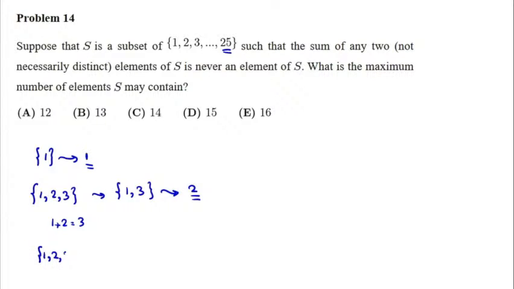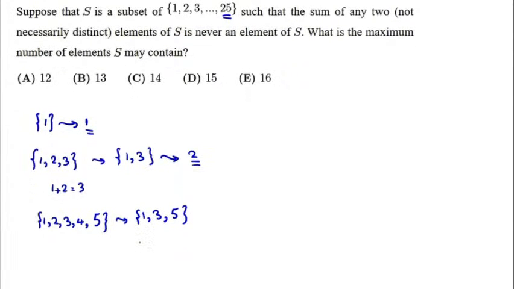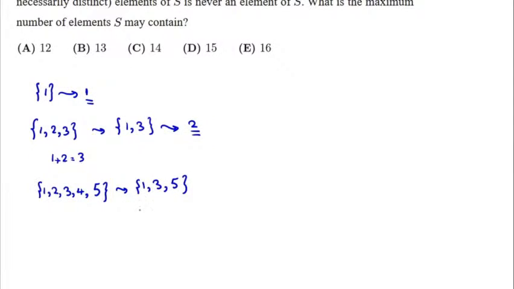Now, 1, 2, 3, 4, 5. Here, I can select 1, 3, 5, and the sum of any 2 of them, 1 plus 3, odd plus odd, is even, or a number plus itself again will be even. So we understand odd numbers work. But how do I prove that 4 elements won't work?